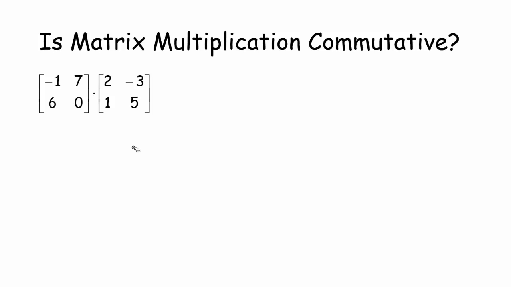Great, so the last thing that we want to look at is if matrix multiplication is commutative. So in this example here, in the first slide, we did this exact matrix multiplication, but we did it in reverse order. We did the 2, 1, negative 3, 5 matrix times the negative 1, 6, 7, 0 matrix. So I flipped the order here. And we want to figure out if matrix multiplication is commutative.